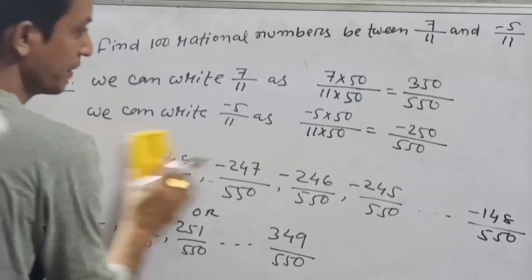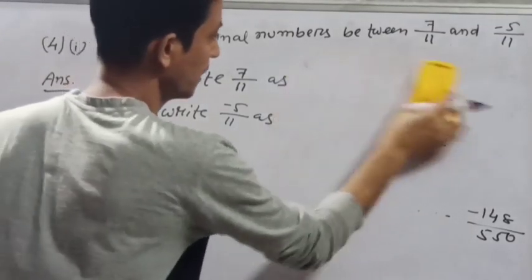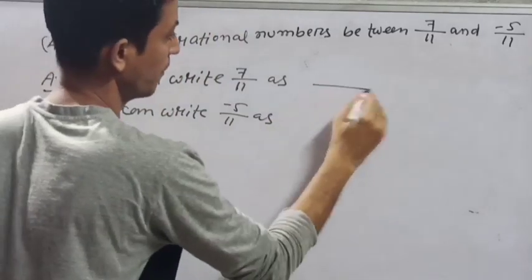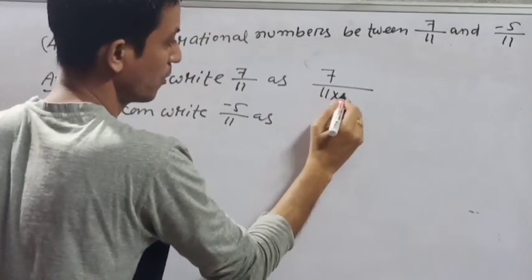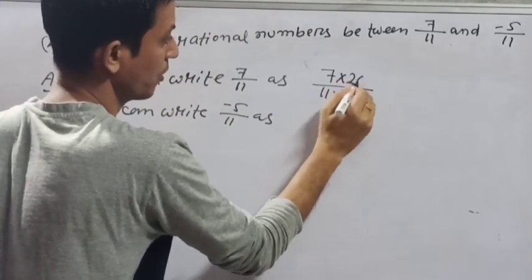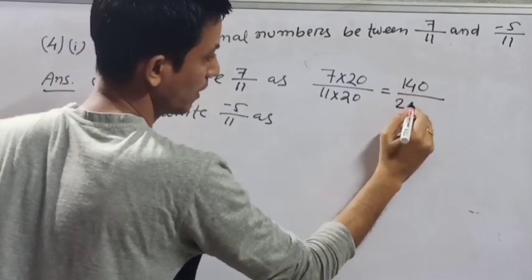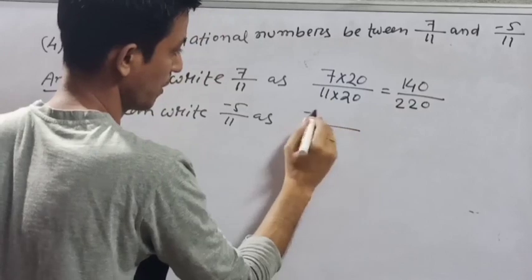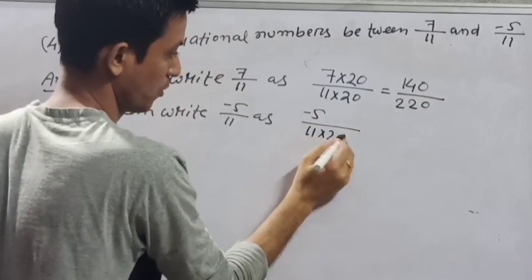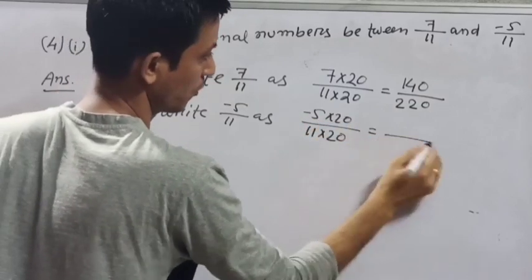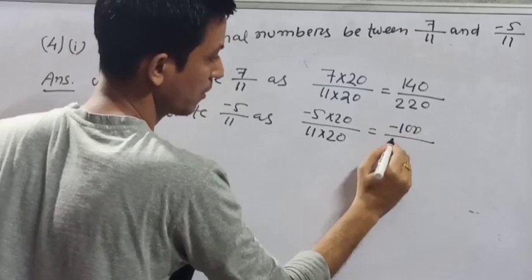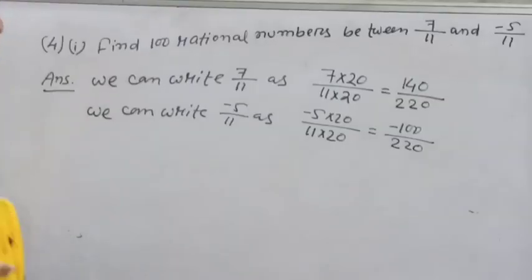Again another way we find. Here look, 7 by 11 multiplied by 20, so here we get 140 by 220, and here minus 5 by 11 is minus 100 by 220.